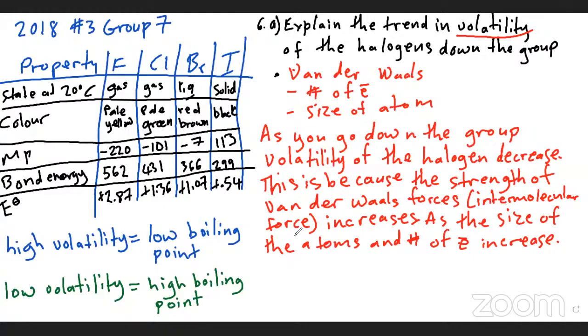And when you are boiling something, the lower the boiling point, the easier the intermolecular force of attraction is to break. That is why I'm pointing out that high volatility means a low boiling point. The bond is easy to break. So if tomorrow you see a trend about melting or boiling point, you stick with the reason.